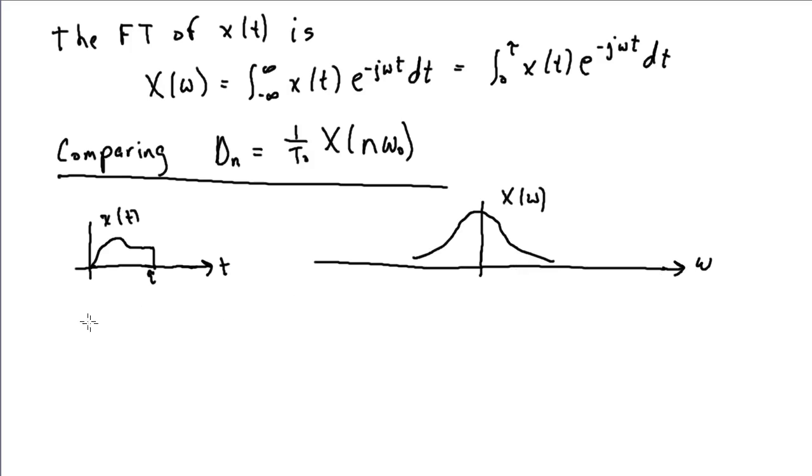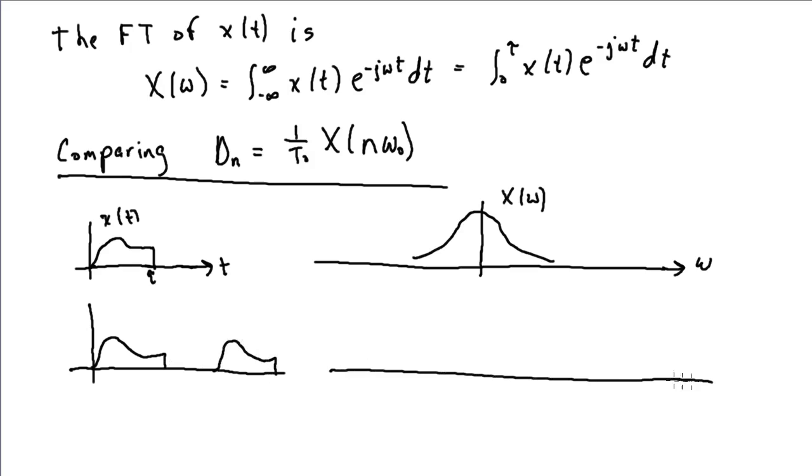Then from the Fourier series representation, I know what that results in is a sampled version of X of omega. So I'm going to sketch in X of omega here.